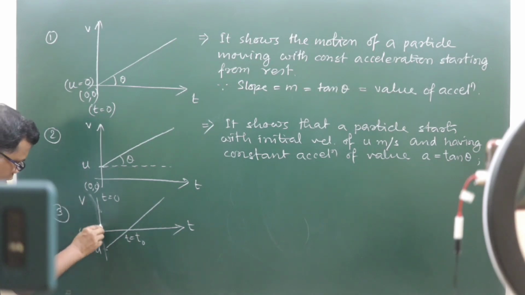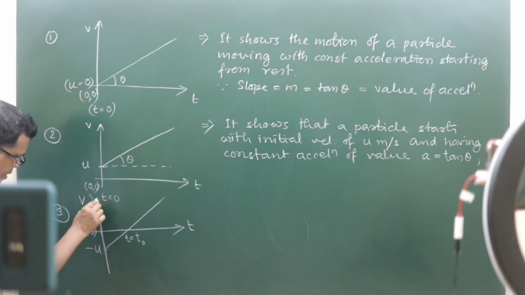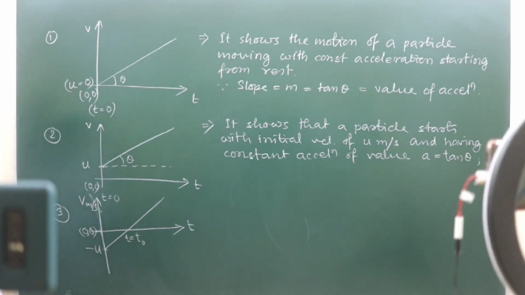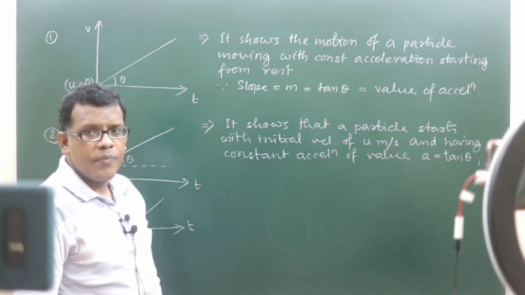What kind of motion, what will be the characteristics of the motion that we can say about this particle, which starts from this point, intersects the time axis at t equal to t naught, and after that the velocity is positive after t equal to t naught?